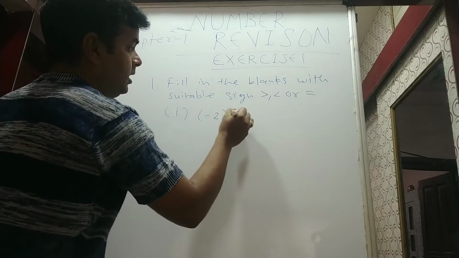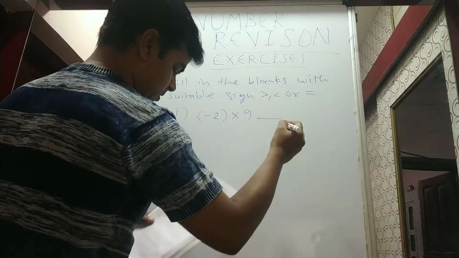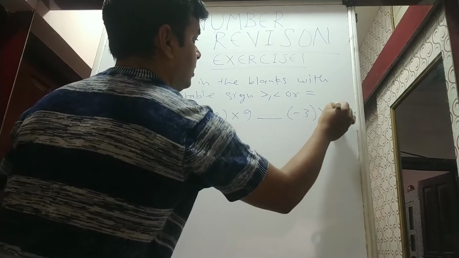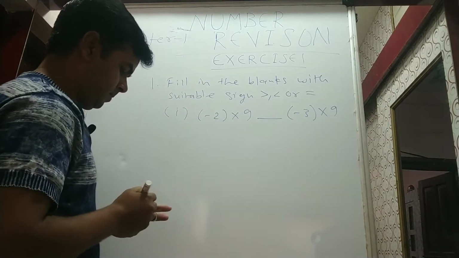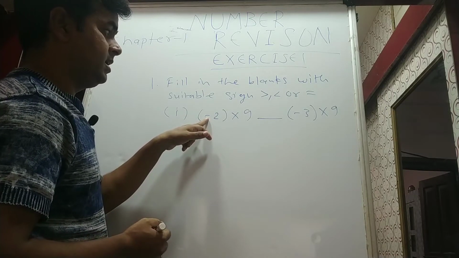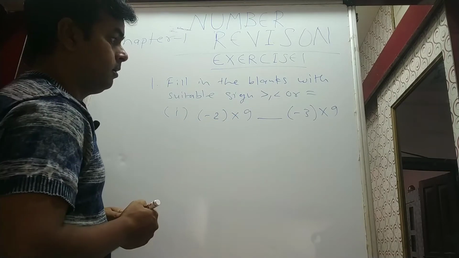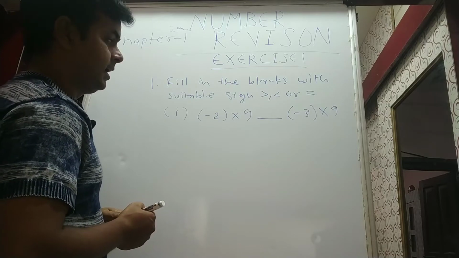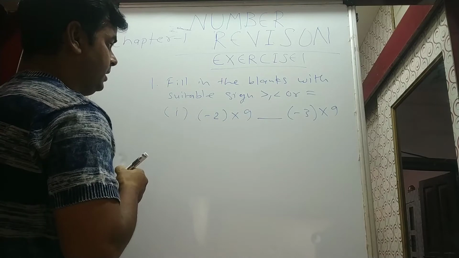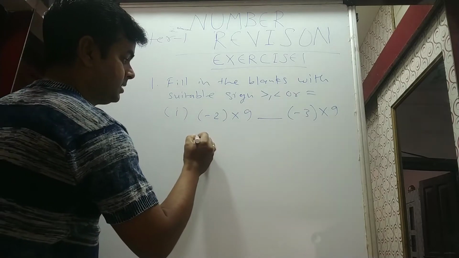In this, the first question is minus 2 into 9 dash minus 3 into 9. As you can see, this has a minus sign, here there is no sign, which means plus sign. Minus multiplication of plus is minus.